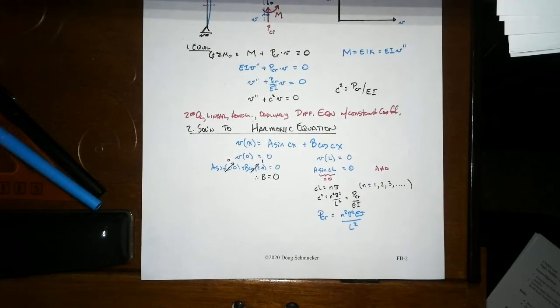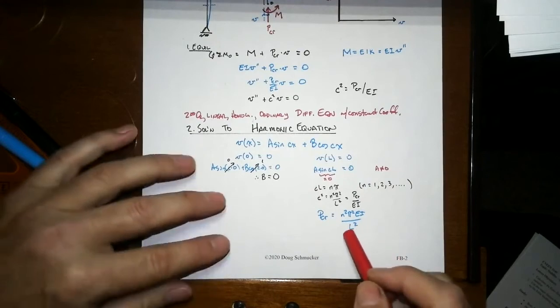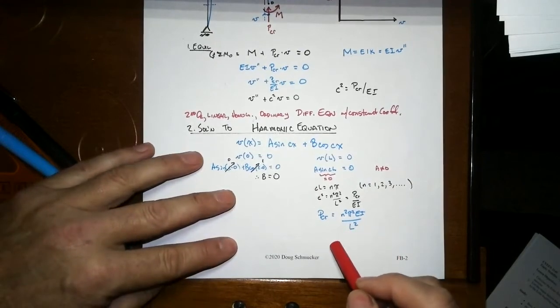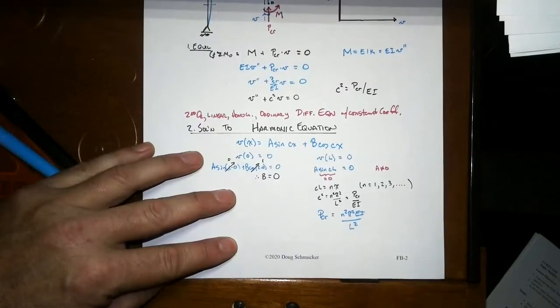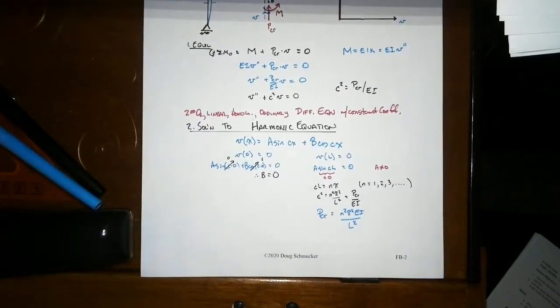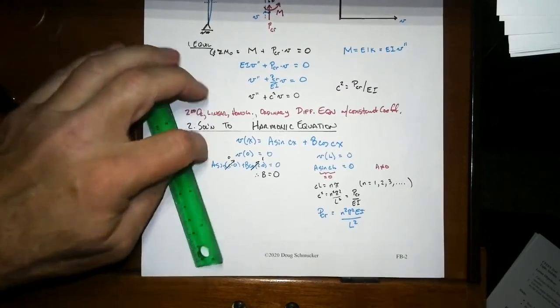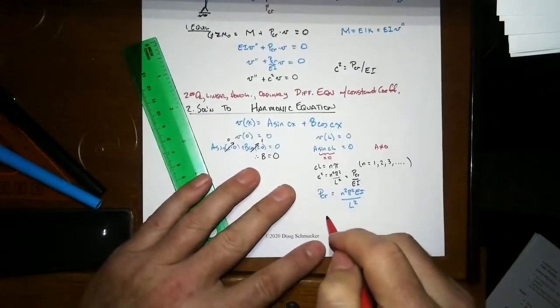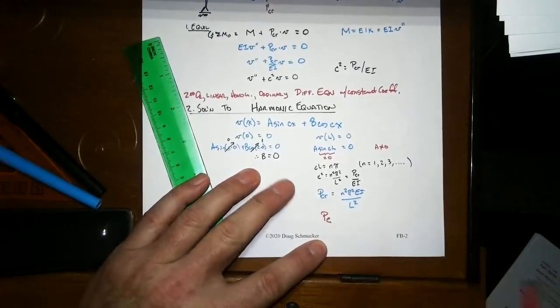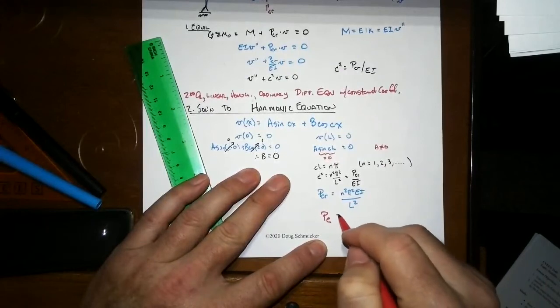You start with an unloaded system that gets more severely loaded as you increase the applied loads, right? And so the first time we reach the critical value, the lowest one will be n equal to 1 in general. And we'll see later on how you can get some of these higher modes, as we call them. But the basic Euler or critical elastic buckling load would be at n equal to 1.